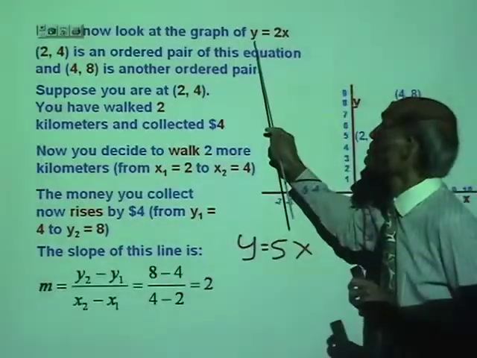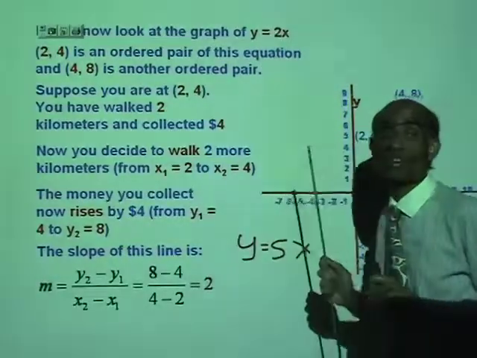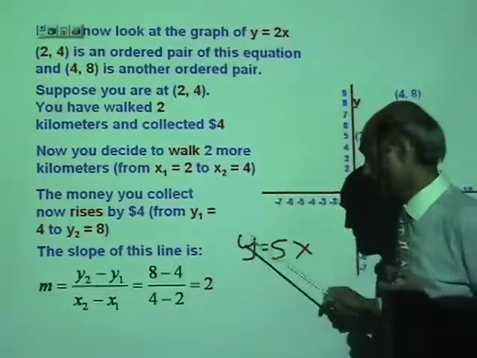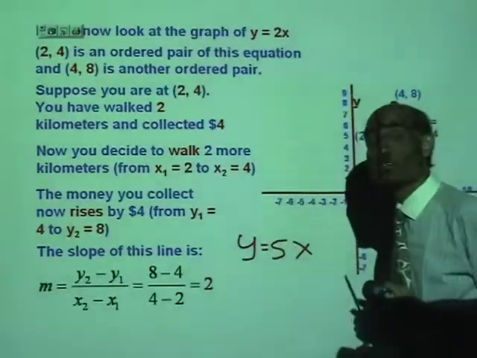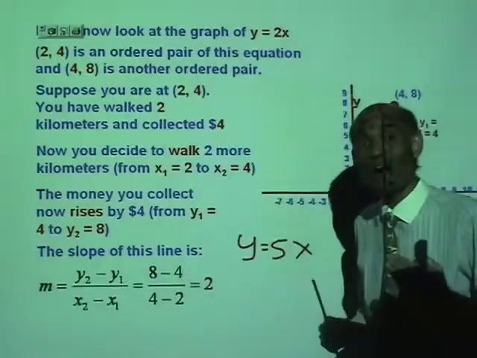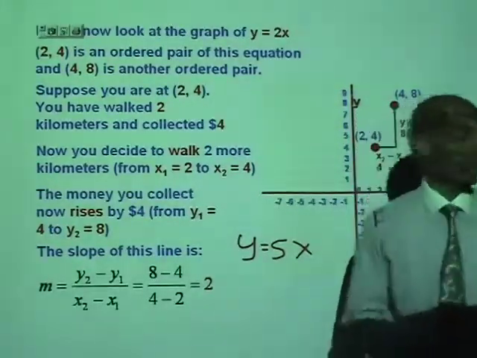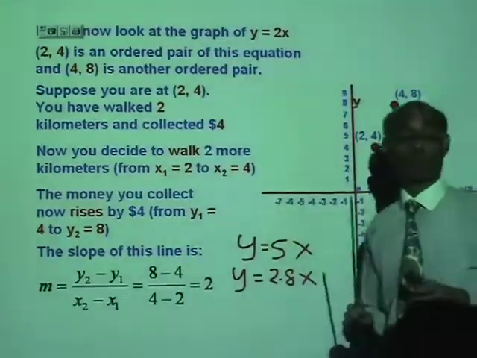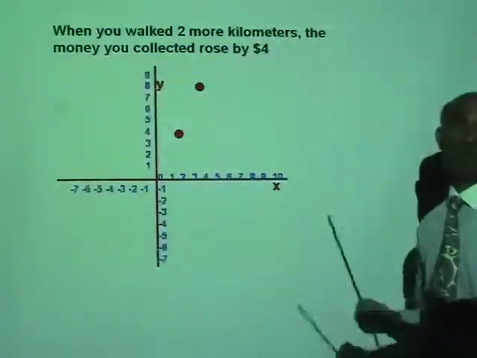So, if the slope of the graph of y equal to 2x is 2, then the slope of the graph of y equal to 5x will be 5. And the slope of the graph of y equal to 2.8x will be 2.8. Is that right? Yes. Okay, let's move on.